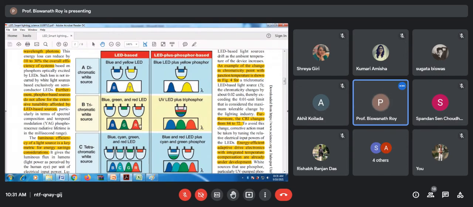But this is another very unique feature of the LED light source. Here, by varying the energy input to the three different lamps, we can tune the spectral composition of the emitted light, which is not possible in this type of case. We cannot tune these light sources because spectral composition is more or less fixed. I say more or less fixed, not fixed, because the spectral composition depends on the temperature.